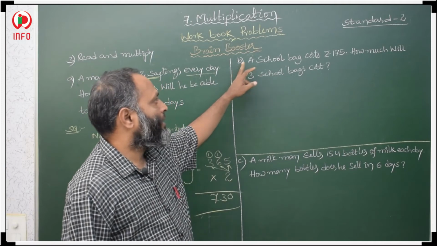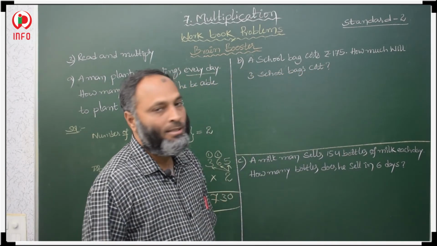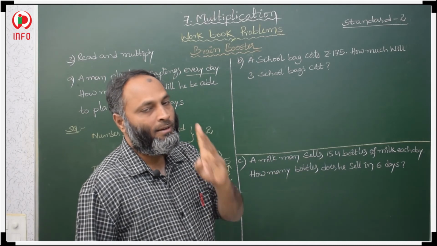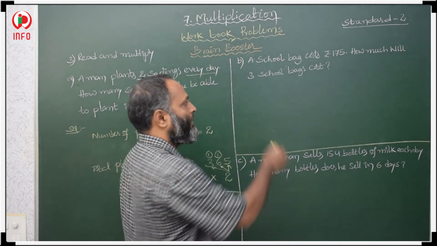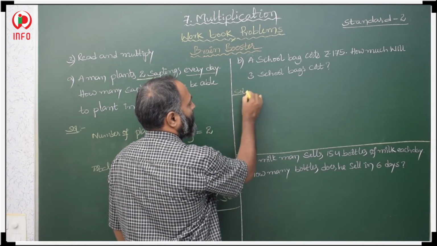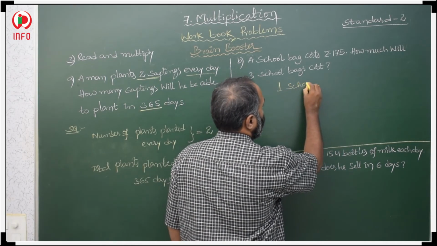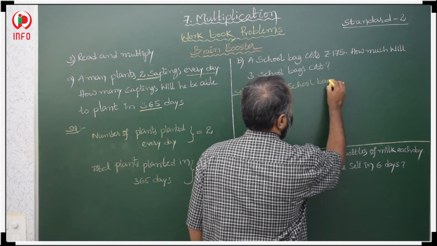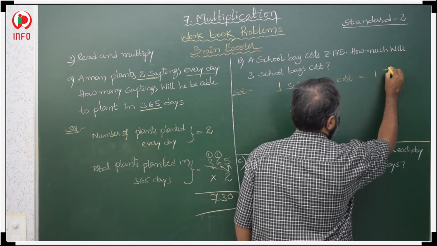Here is the next question. A school bag cost is given as 175, then how much will 3 school bags cost? 1 bag cost is given, asking for 3 bags, which means the unit is given and more is asked. Here also we have to multiply. Here 1 school bag costs 175 rupees.